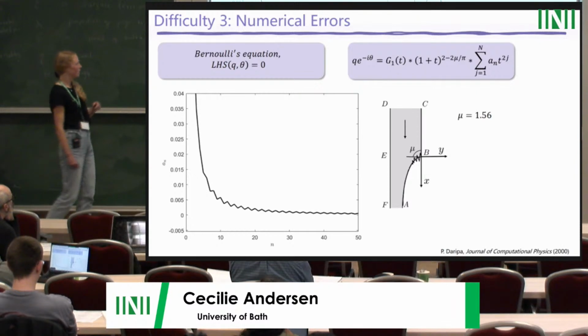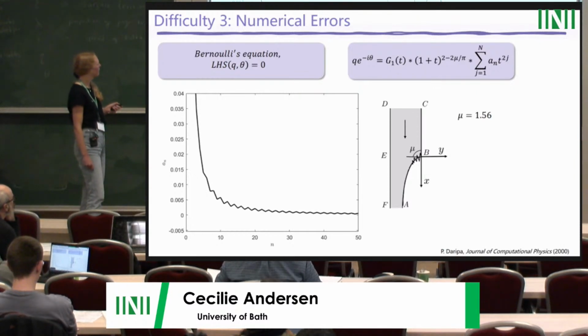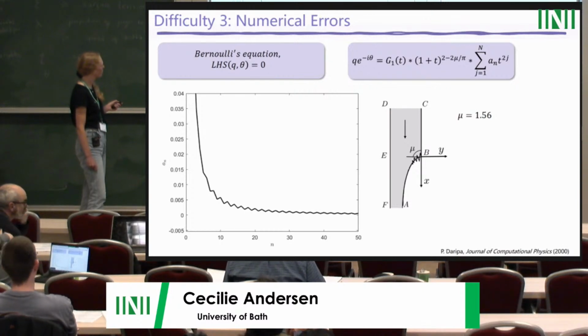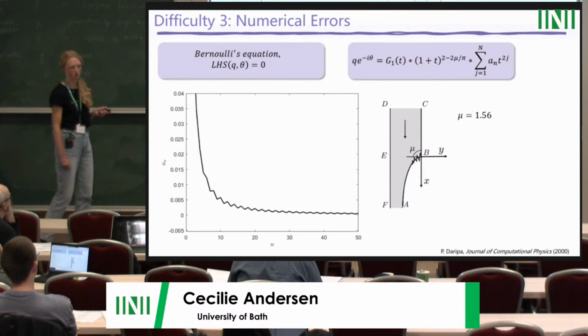Okay, so now we have a numerical method, we solve the equations, and we run into some numerical issues. So these are some of the symptoms of the numerical issues I've tried to highlight here. In this left plot, we have the coefficients, and you see that they have this horrible sawtooth pattern in them. Ideally, we'd want them to kind of decay smoothly as n increased. In this picture, we have the free surface profile, and very close to the stagnation point, we have, again, a sawtooth pattern at each of our mesh points that we chose.